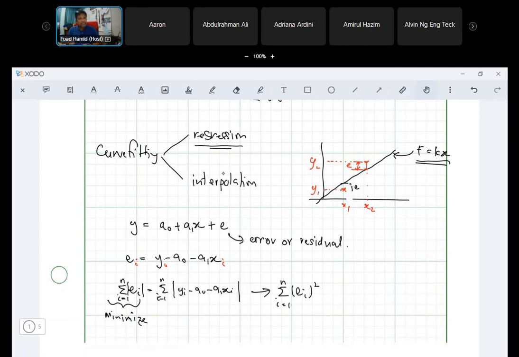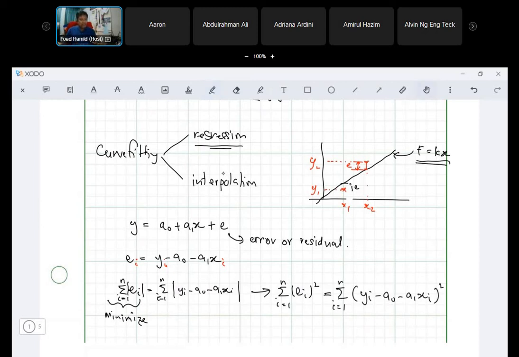A negative value, when we square it, becomes a positive value. A positive value, when we square it, is still a positive value. So it has no sign issue here. The effect is similar to this one. So what we can do here is yi minus a0 minus a1 xi, squared.